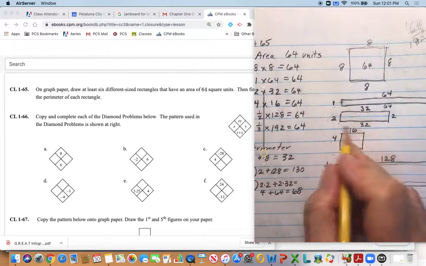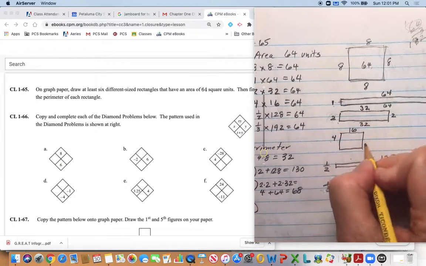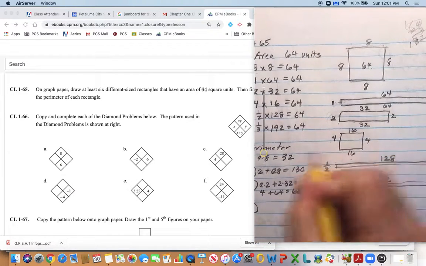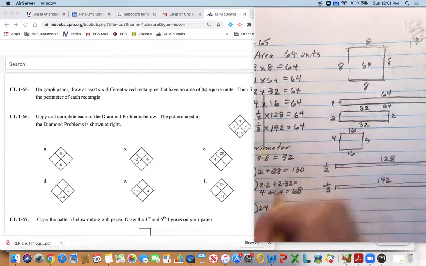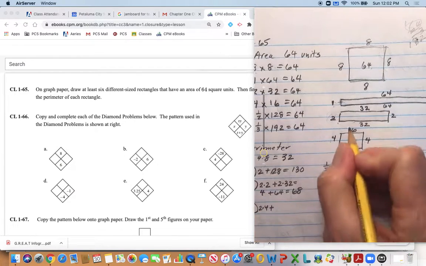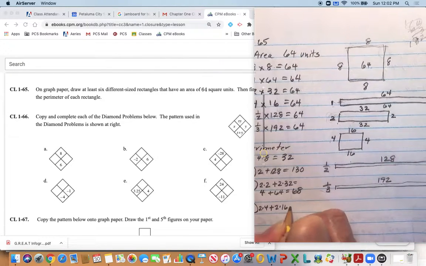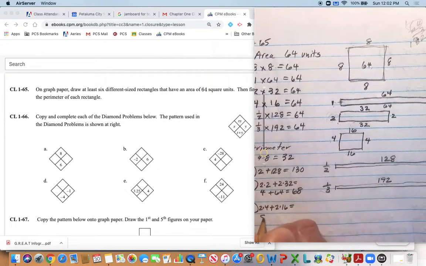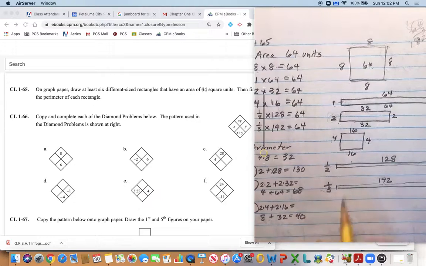So that's the perimeter for that one. Then 4, 4, and 16. So we've got 2 times 4, because we've got 2 sides with 4, plus 2 times 16, because we've got 2 of those. So that's equal to 8 plus 32, and that is 40.